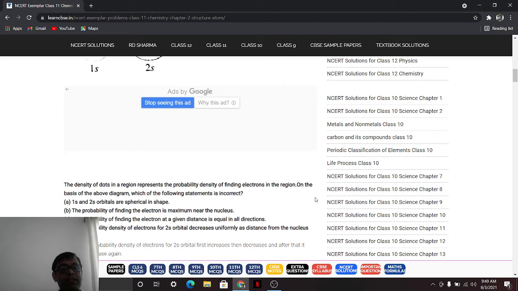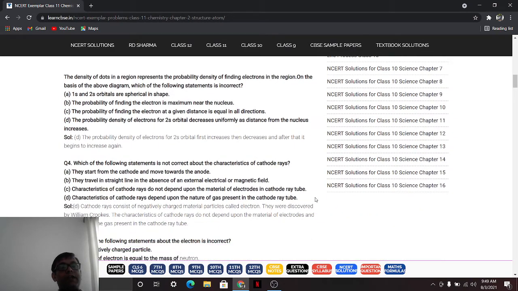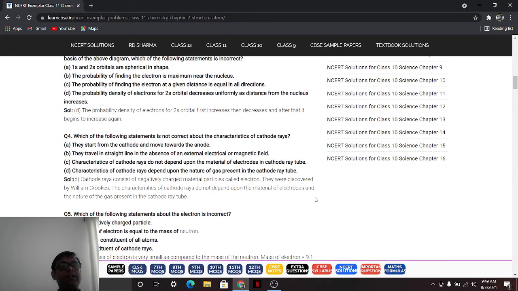That is incorrect, because it first increases, then decreases, and after that begins to increase again. Therefore, option D.